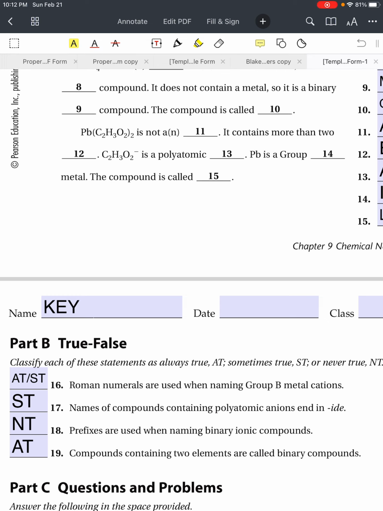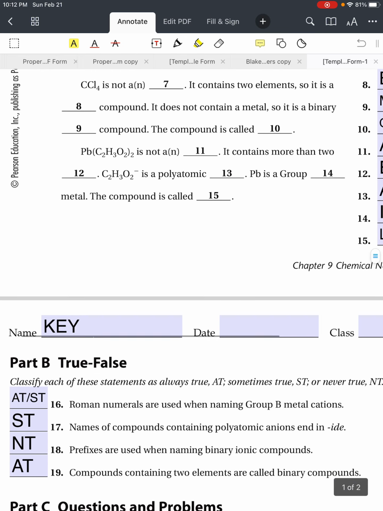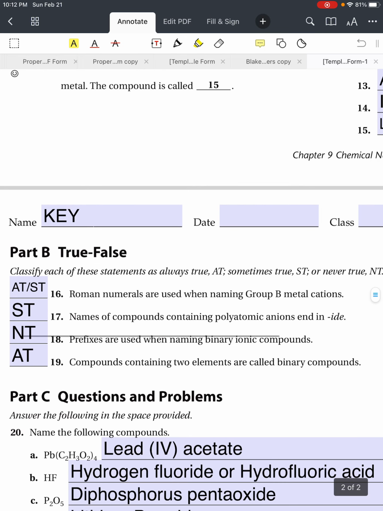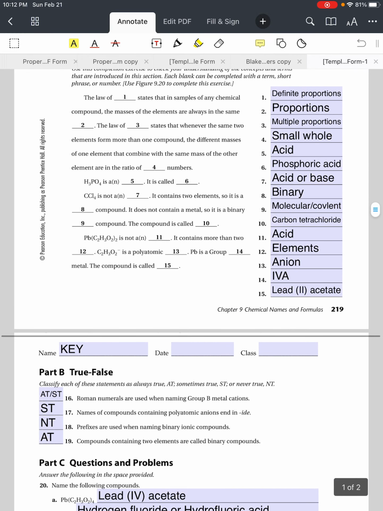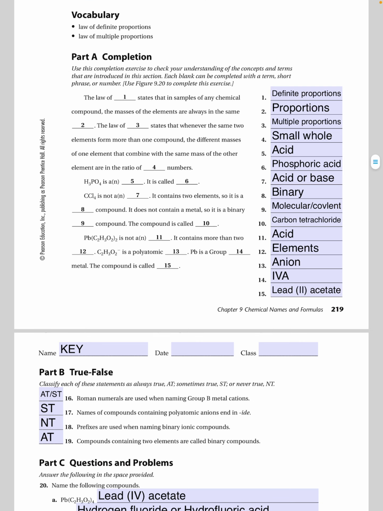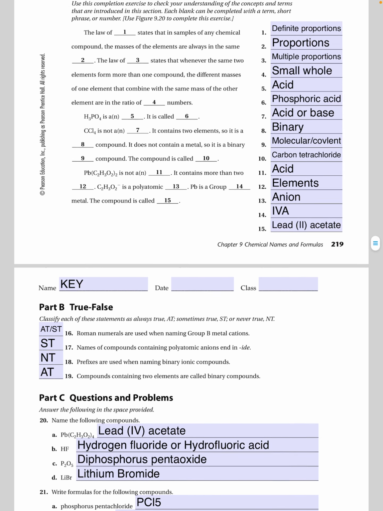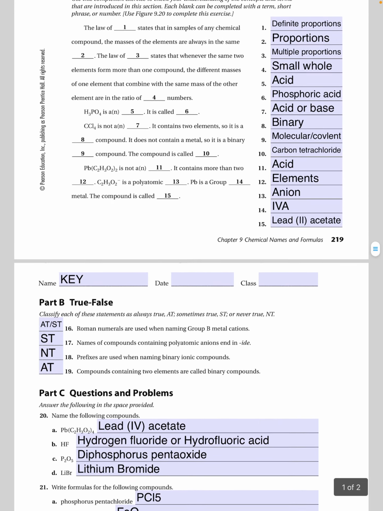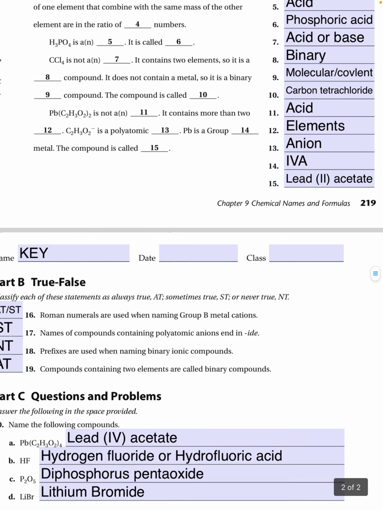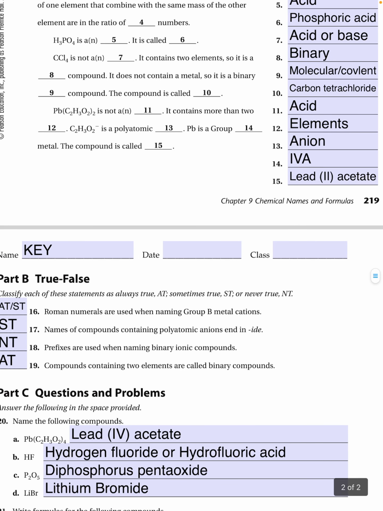Prefixes are used when naming binary molecular compounds. Ionic compounds never use the prefixes, because we can calculate it and figure it out from the charge. I don't know why that line is not moving. There we go. And finally, compounds containing two elements are called binary compounds. Absolutely, that's always true.